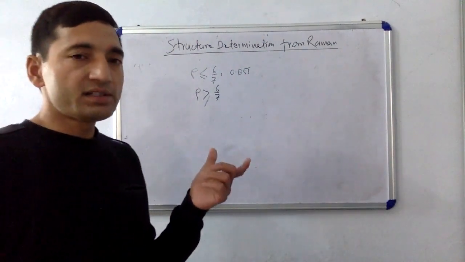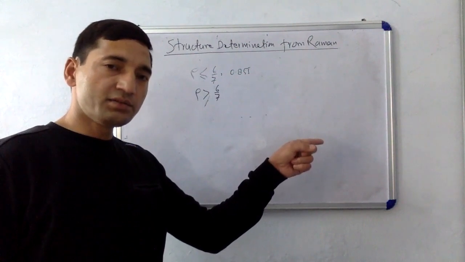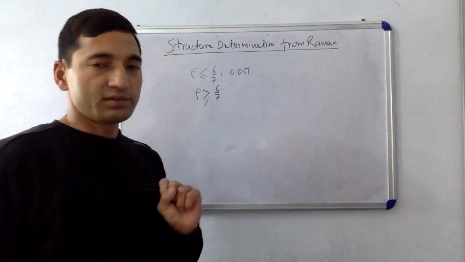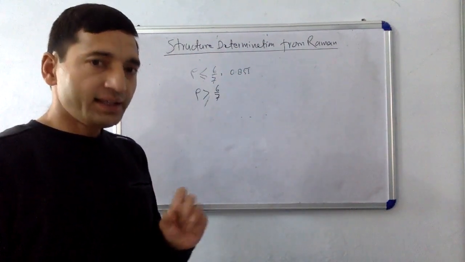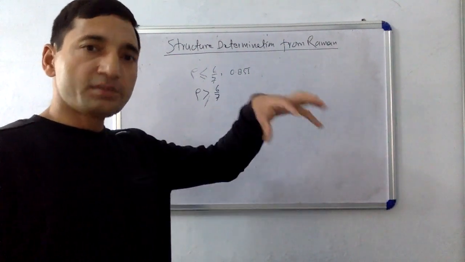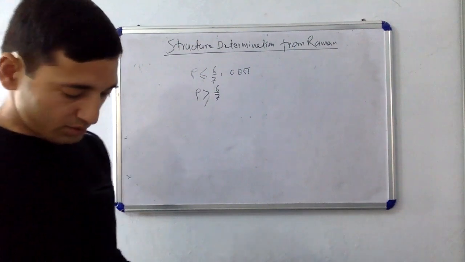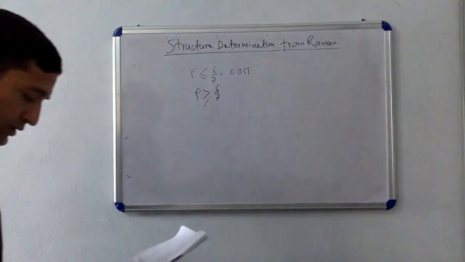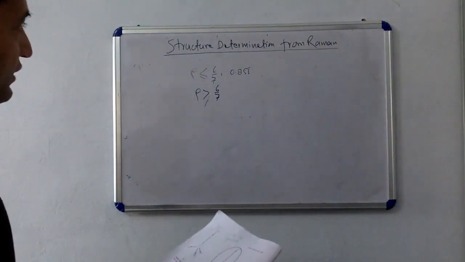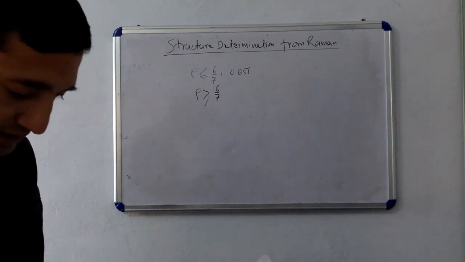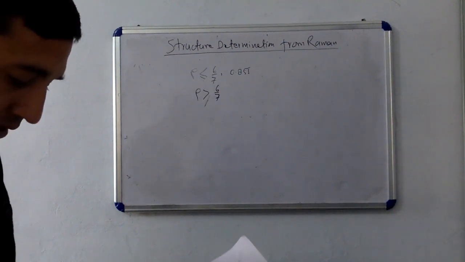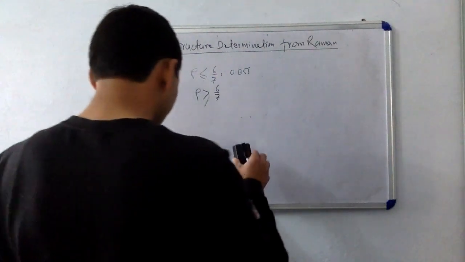The least symmetric will be linear molecules, such as linear diatomic molecules. Then symmetric top molecules are more symmetric, and then the most symmetric are spherically symmetric molecules. So we can see the usefulness of this depolarization measurement by considering a simple example, a molecule.